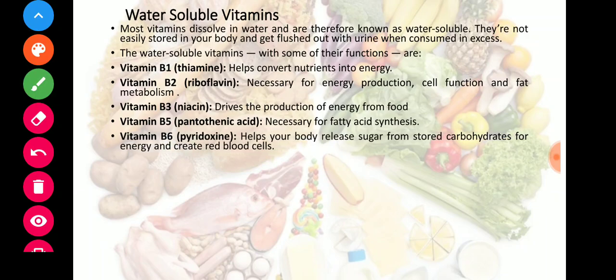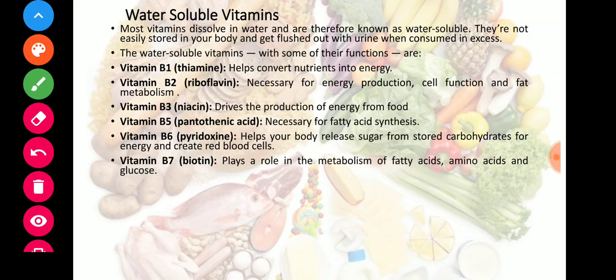Vitamin B6, pyridoxine, helps your body release sugar from stored carbohydrates for energy and create red blood cells. Vitamin B7, biotin, plays a role in the metabolism of fatty acids, amino acids and glucose.